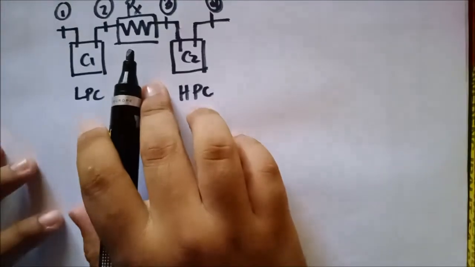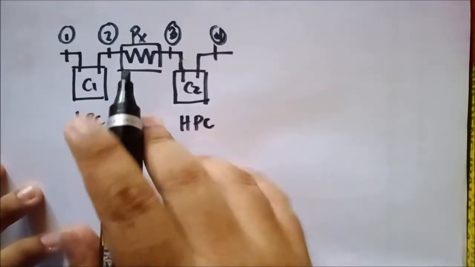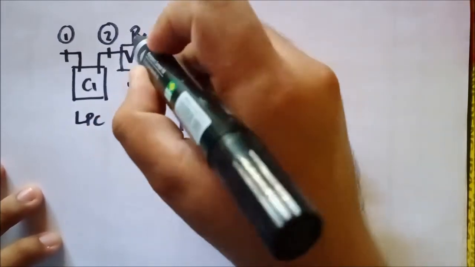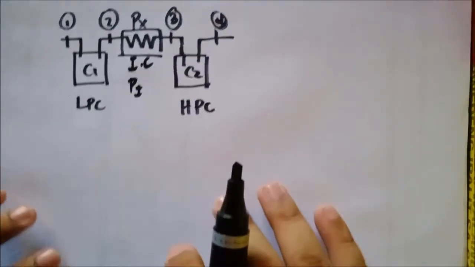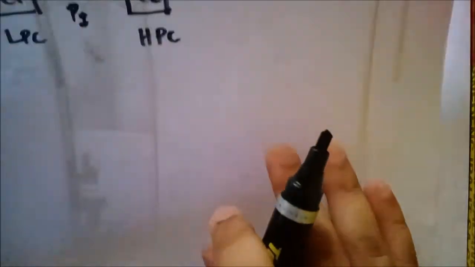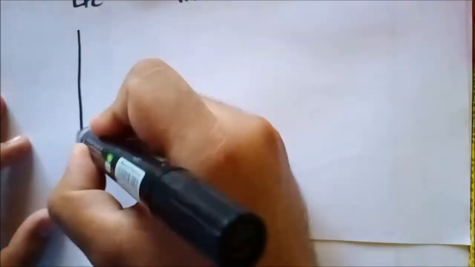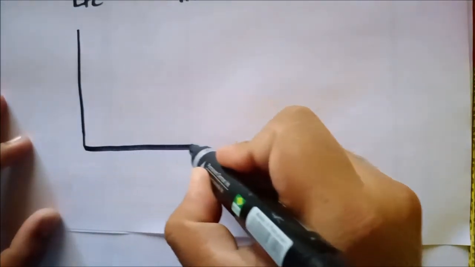The pressure inside the intercooler, so this is the intercooler, is known as PX, or sometimes it is known as the pressure intercool, or PI. When we draw the diagram in the pressure volume axis, it will look like this.